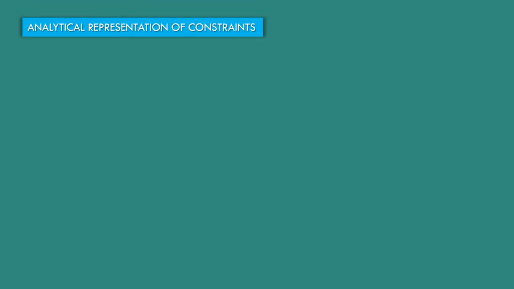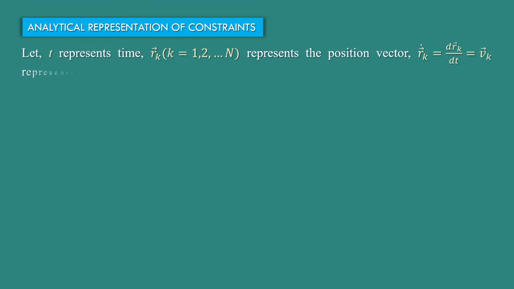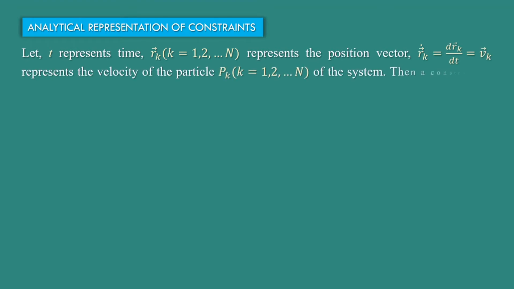Analytical representation of constraints. Let t represent time. rk, where k goes from 1 to n, represents the position vector. rk dot, equal to drk divided by dt, is equal to vk, represents the velocity of the particle pk of the system, where k goes from 1 to n.